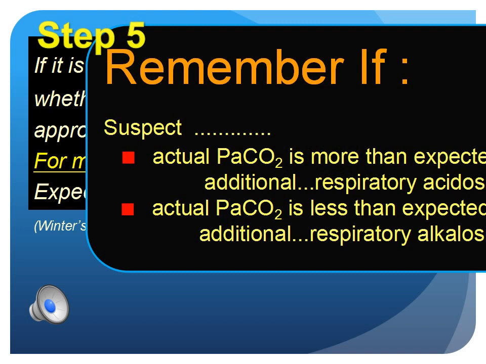So we have a formula for calculating the expected carbon dioxide for that HCO3. That formula is called Winter's formula. The expected CO2 is 1.5 times HCO3 plus 8, plus or minus 2.